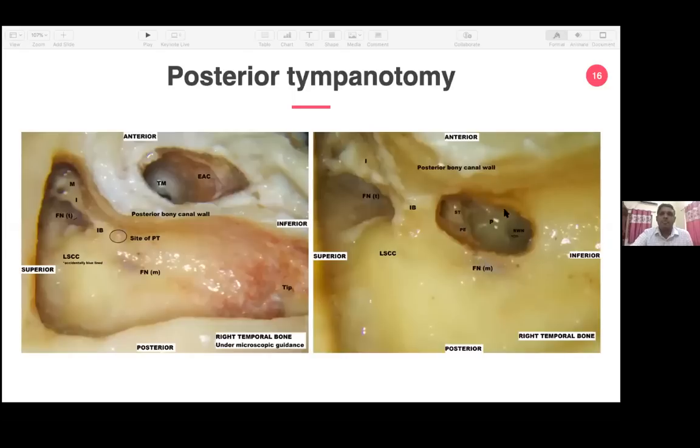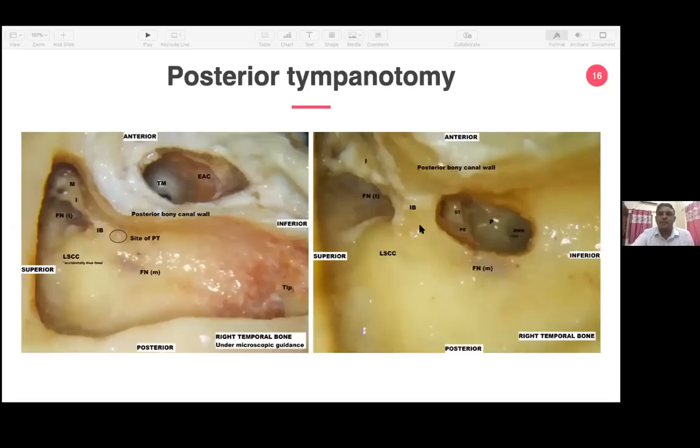I repeat, the boundaries of posterior tympanotomy are the incus bar superiorly, inferiorly the chordofacial angle, posteromedially the facial nerve, anterolaterally the chorda tympani. So there is a space through these boundaries through which you can attack the middle ear via the mastoid route.